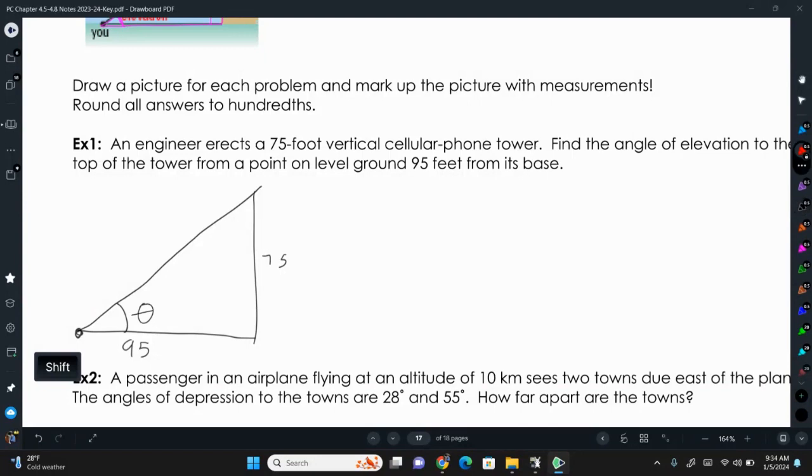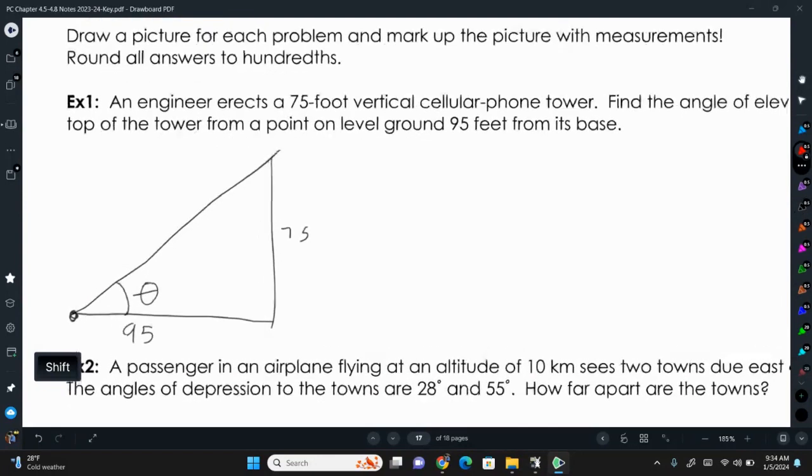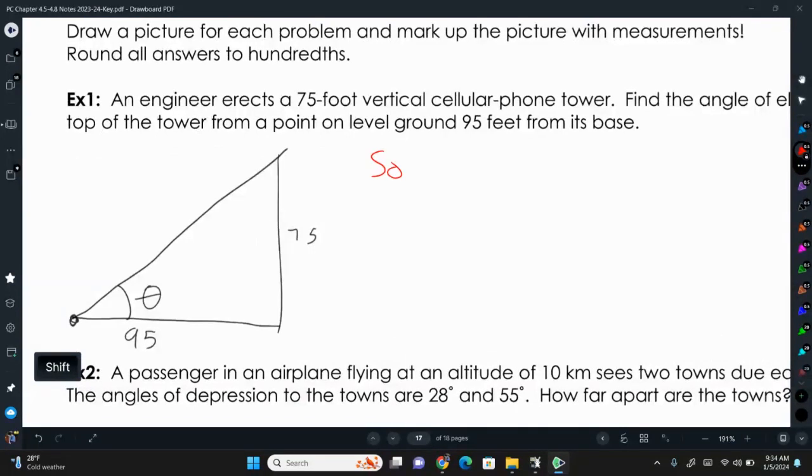The way I always like to do these problems is write out SOHCAHTOA and label my sides. So here's our angle. This is the opposite side. There's the 90-degree angle, that's the hypotenuse, and this is the adjacent. And I like to underline what I'm given.